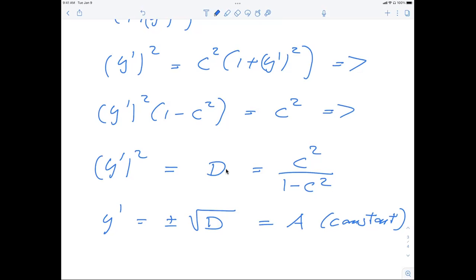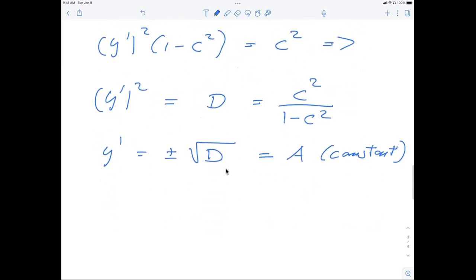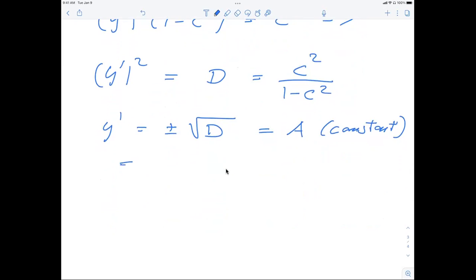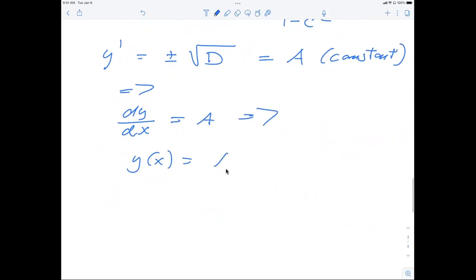When I integrate up again, I have that dy/dx is simply equal to a. And that means that my y of x has to be equal to a times x plus a new constant b. And that is a straight line.